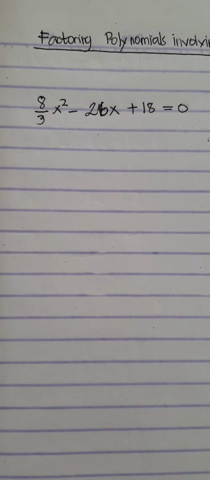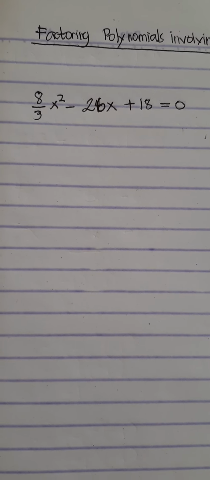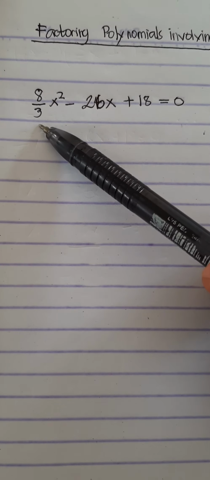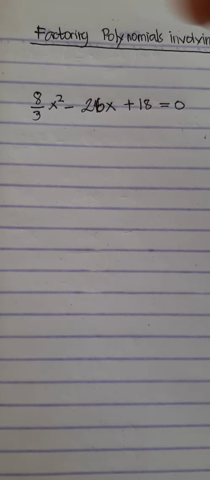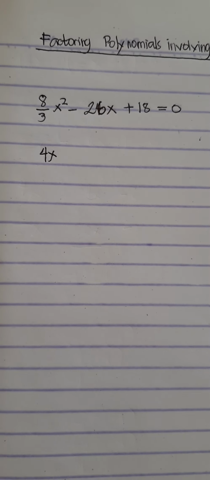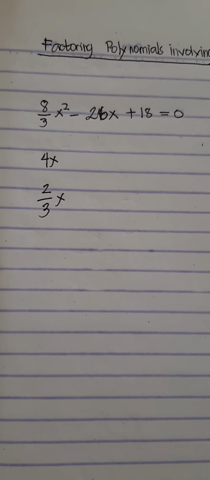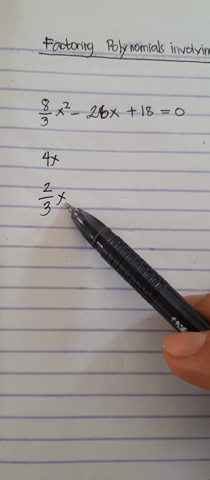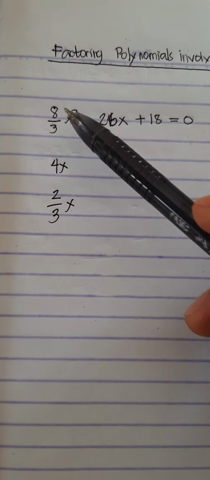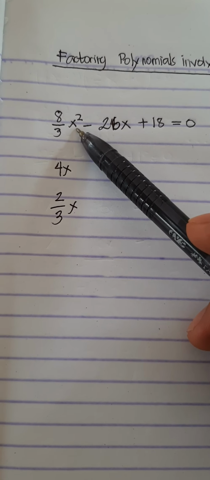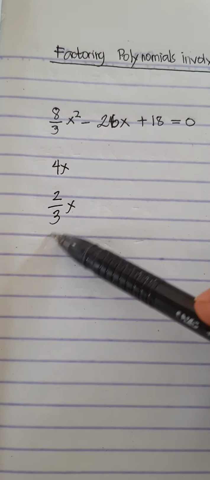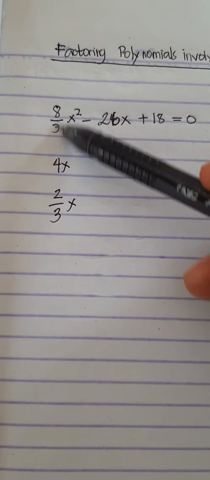So for me, let's say the possible factors of this first term might be 4x or 2/3 x. Since if we multiply 4x by 2/3 x, it will give us 8 over 3x squared. So you will write these factors under the first term.